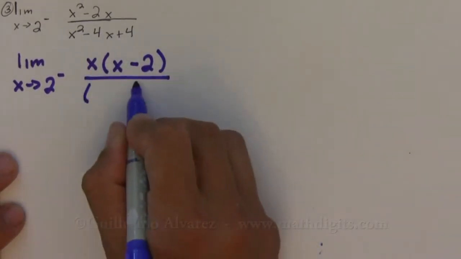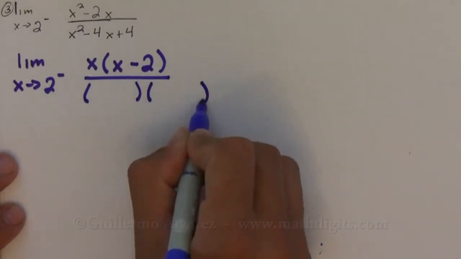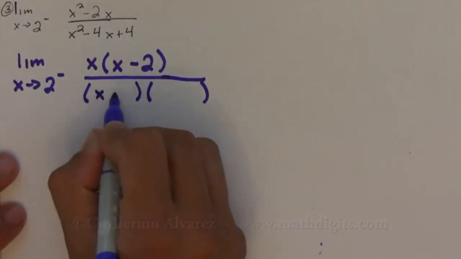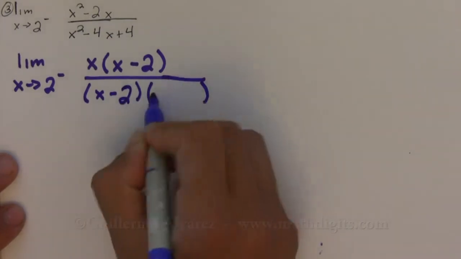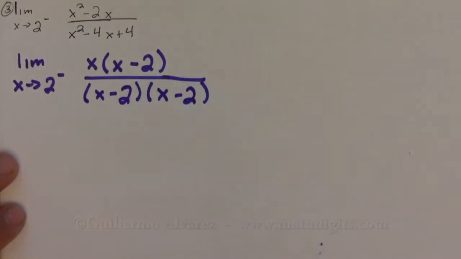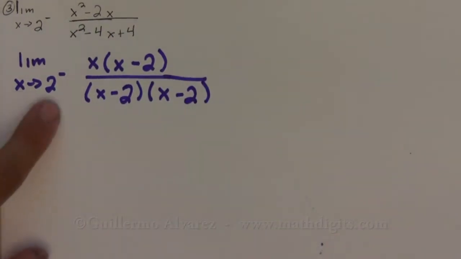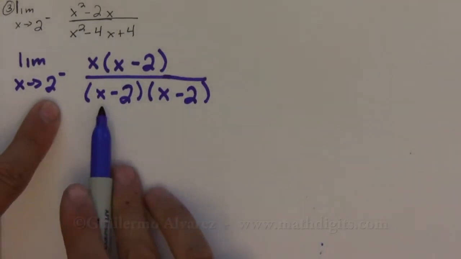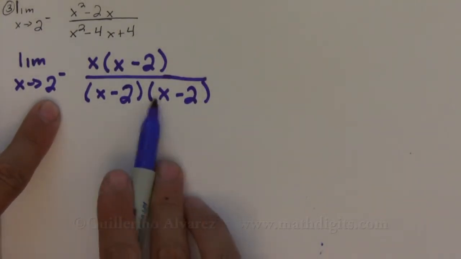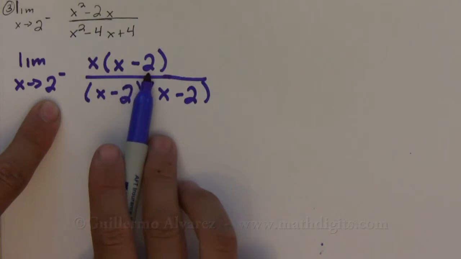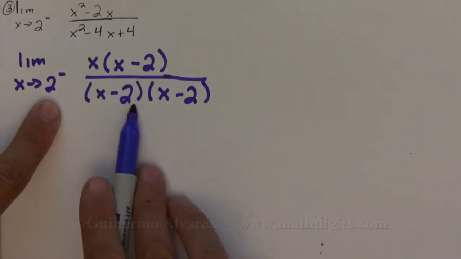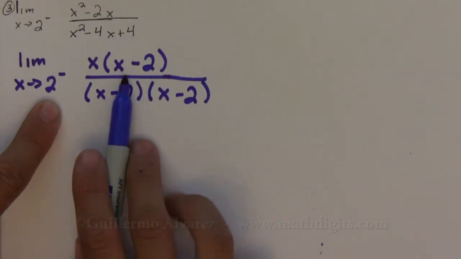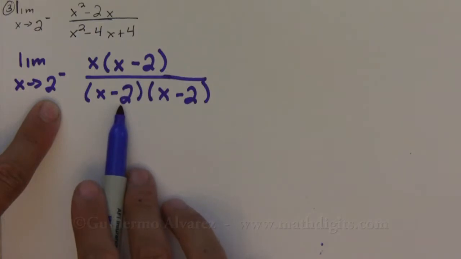On bottom, this factors out into x minus 2 and x minus 2. Okay, now notice that if I plug in 2, on the bottom I would have 0, and on the top I would also have 0.